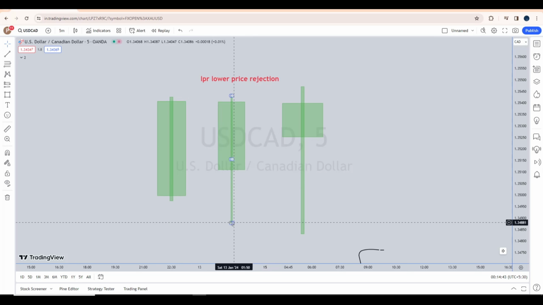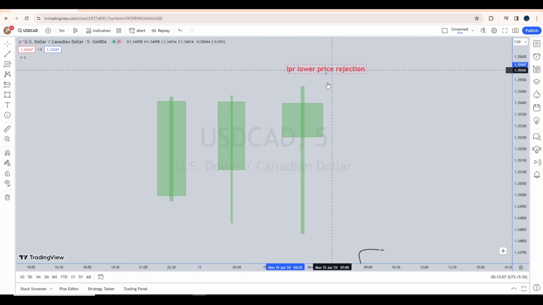Lower price rejection means it is rejecting from the lower part of the candlestick. In the LPR plus power candle, you will see a huge wick on the bottom and a big body on the top. So it is made up of both the power candle and the LPR candle.